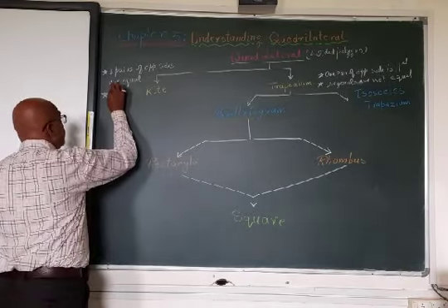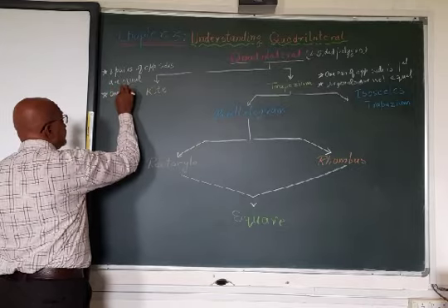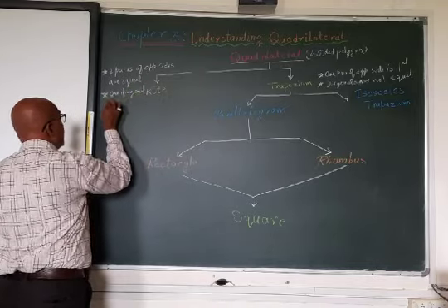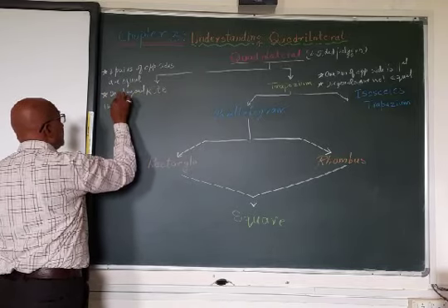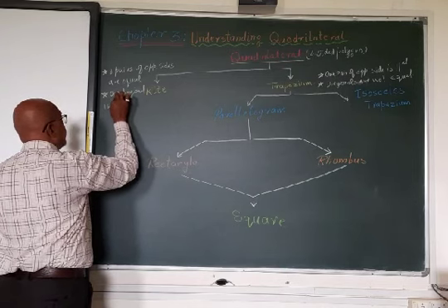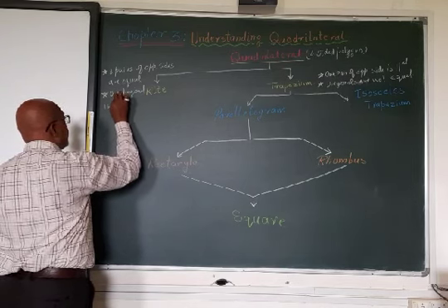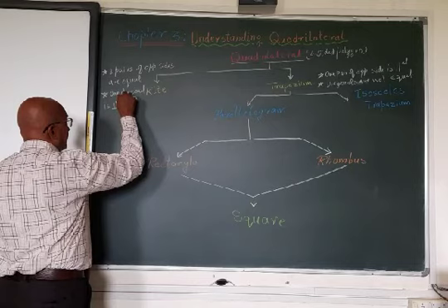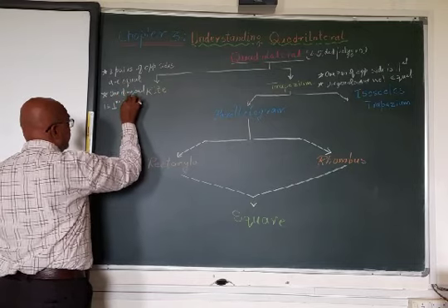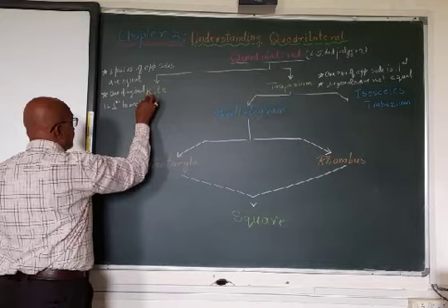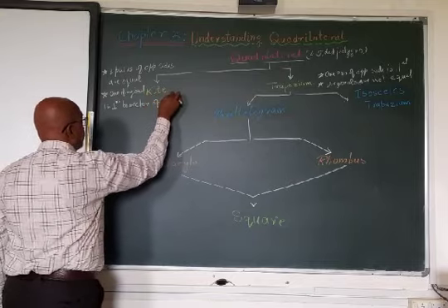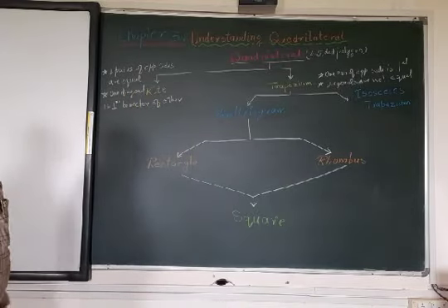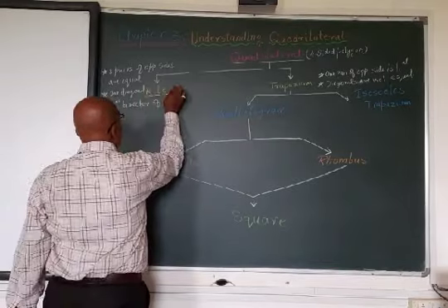One diagonal is the perpendicular bisector of the other. One diagonal is perpendicular bisector of other. These are the properties of kite.